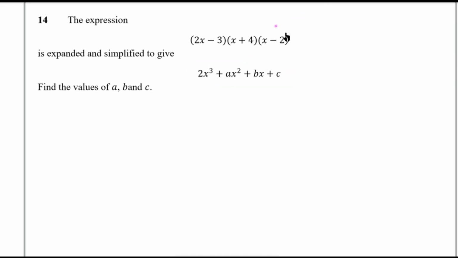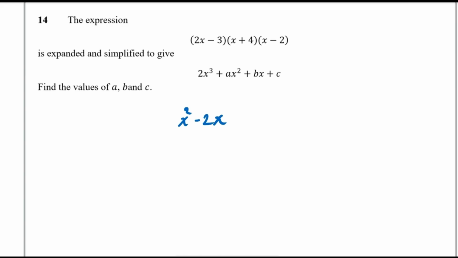Which part you should start with, the first bracket or the second bracket and the third bracket, doesn't matter. Okay, let's start multiplying the second bracket with the third bracket first. And as you know, x times x, then x times minus 2. So x times x is x squared, and then x times minus 2 is minus 2x.